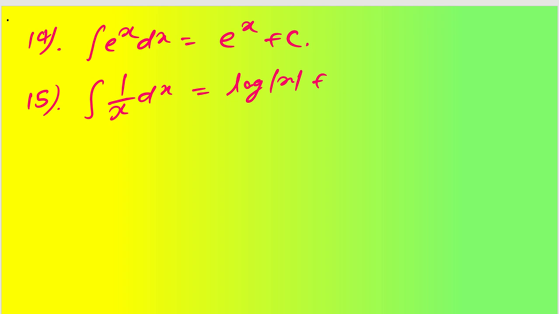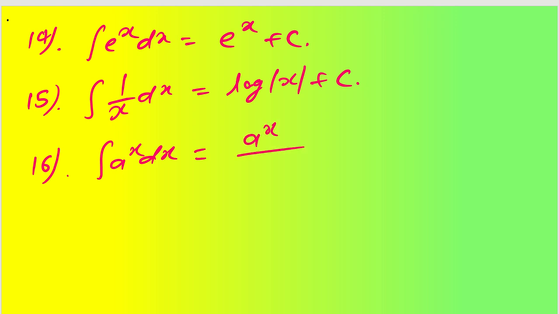You had seen that it was log x plus c. Next one is integration of a to the power x dx. So that we had seen is a to the power x by log a plus c, because differentiation of a to the power x is equal to a to the power x into log a, so log a will come down.